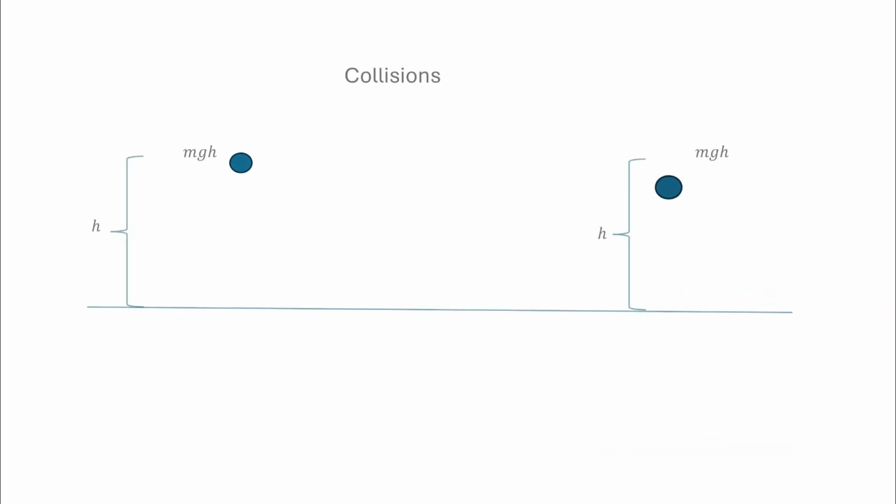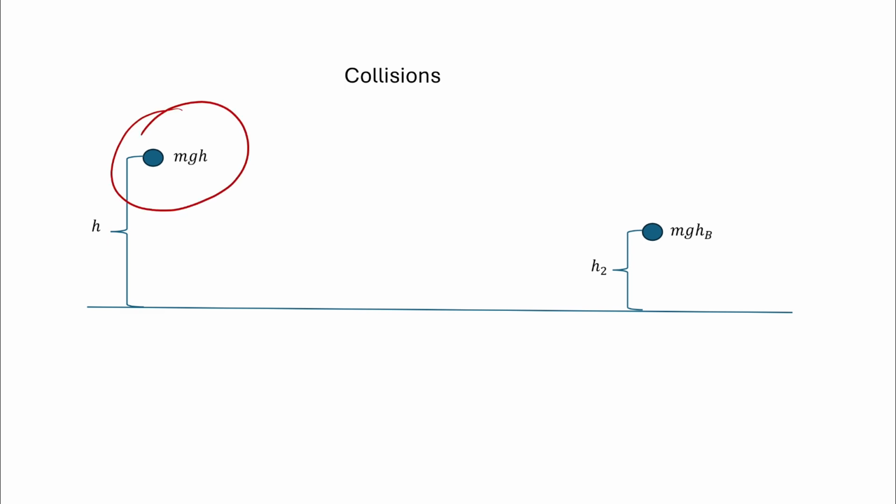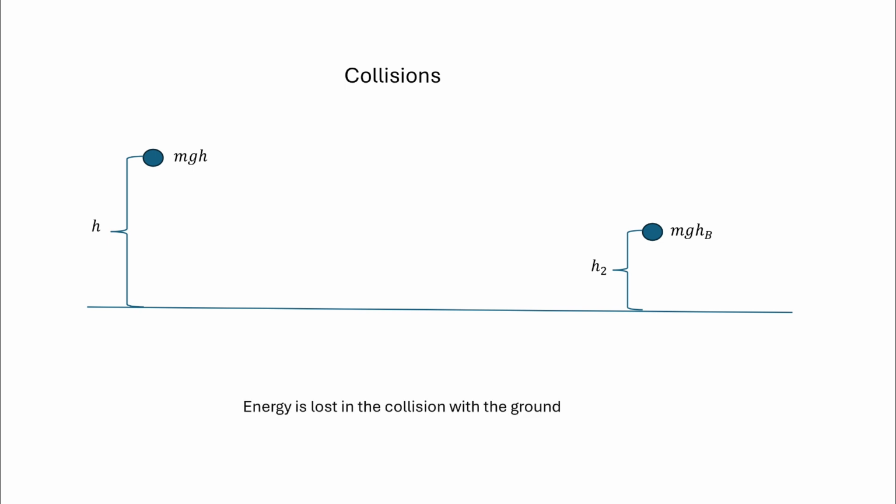Okay, so the first thing we've got to understand is what happens when you drop a ball on the ground. Well, if you hold it from a certain height h, the ball falls. It develops speed, and when it hits the ground, it has a certain speed. Now, the ball will either go back to where it started, we say that energy is conserved in that case, or the ball doesn't return to where it started, and then we say energy is lost in a collision with the ground. One way to express that is in terms of the final heights.